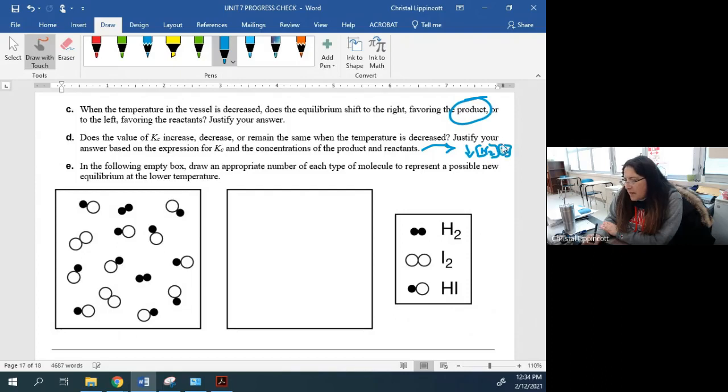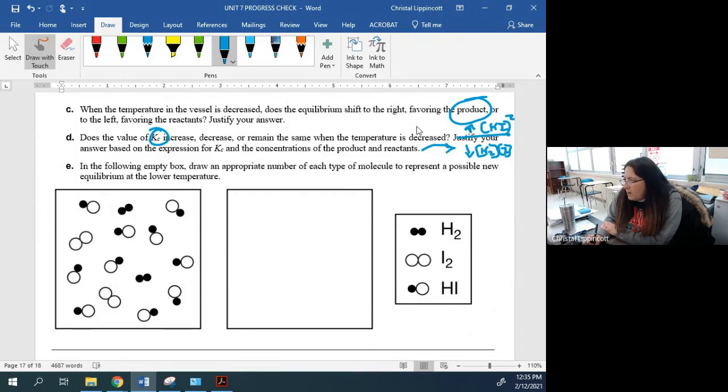They're going to go down, and we're going to increase the amount of HI that's produced. So if this goes down and this goes up, how does that affect our Kc? Our value on the top here is getting bigger.